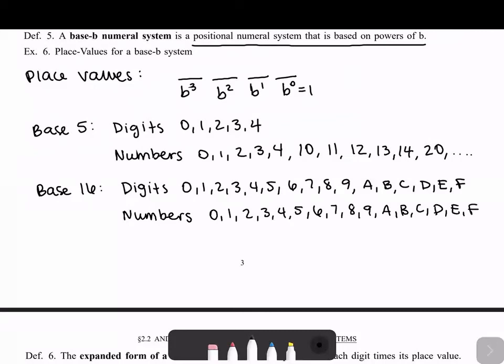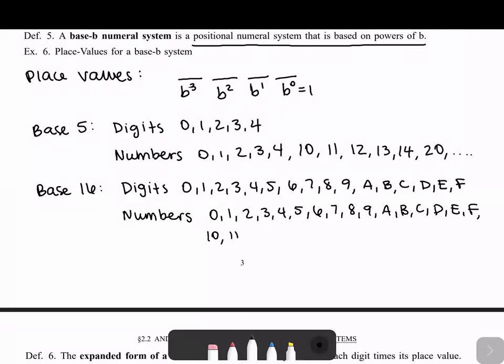But now we changed to have things with value in the ones place and the 16s place. So we're going to keep going exactly like before. Now we also have what looks like 10, but really has value 16.